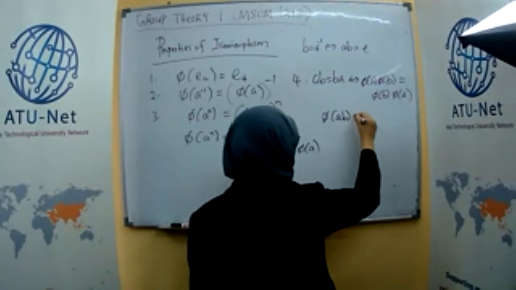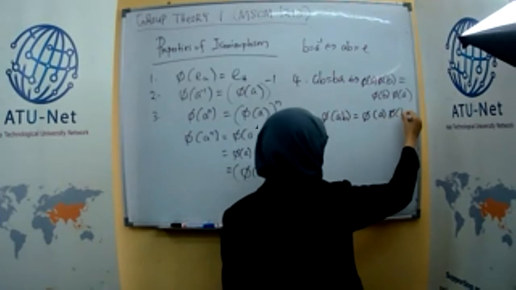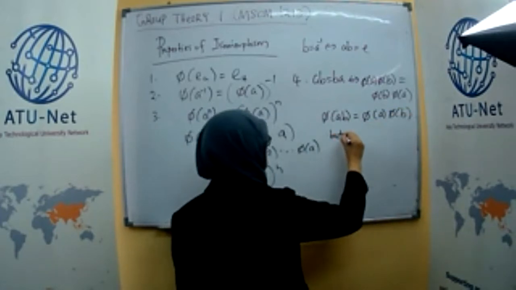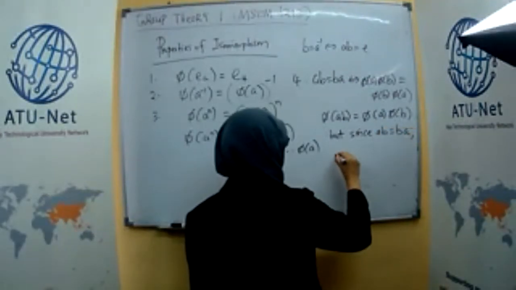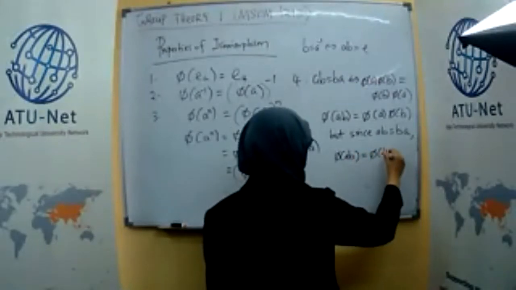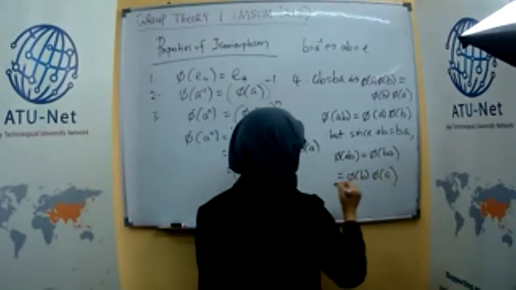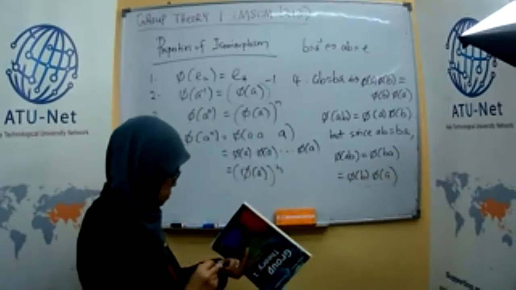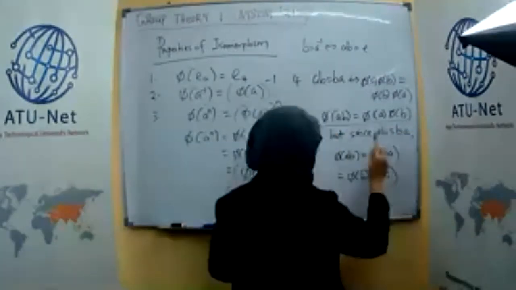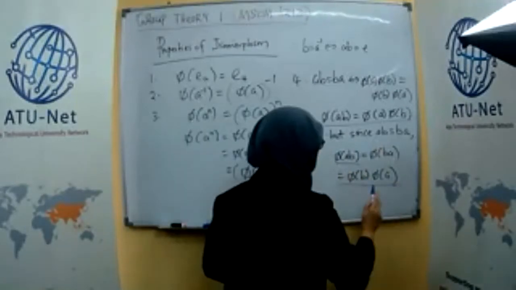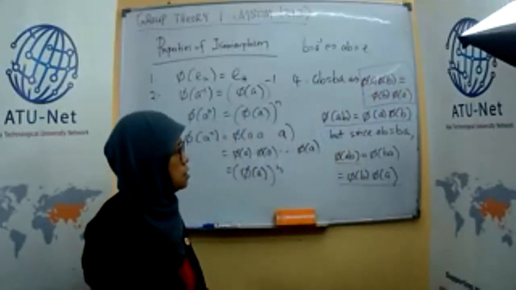Phi of AB is phi A phi B, but since AB is BA, phi of AB is also phi of BA, which is phi B phi A. So phi of AB from one side is phi A phi B, and from the other side is phi B phi A. So we got phi A phi B is phi B phi A.